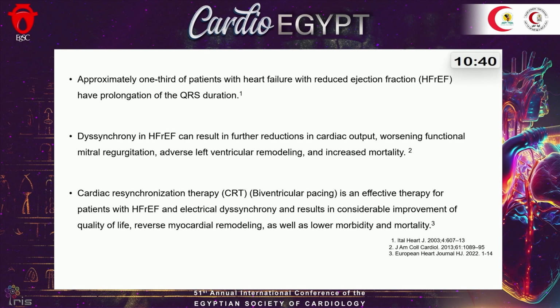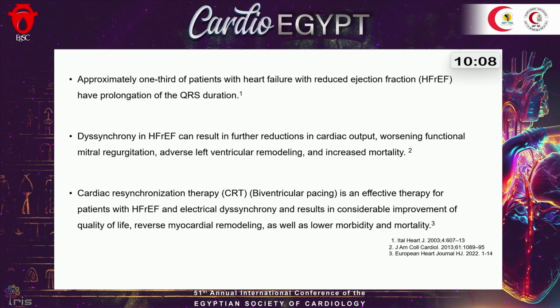Unfortunately, about one third of patients with heart failure and reduced ejection fraction have a wide QRS complex. This dyssynchrony in those patients can further lead to reduced cardiac output, worsening functional mitral regurgitation, adverse left ventricular remodeling, and increased mortality. Up till now, cardiac resynchronization therapy, which is biventricular pacing, is an effective therapy for patients with HFrEF and associated electrical dyssynchrony.